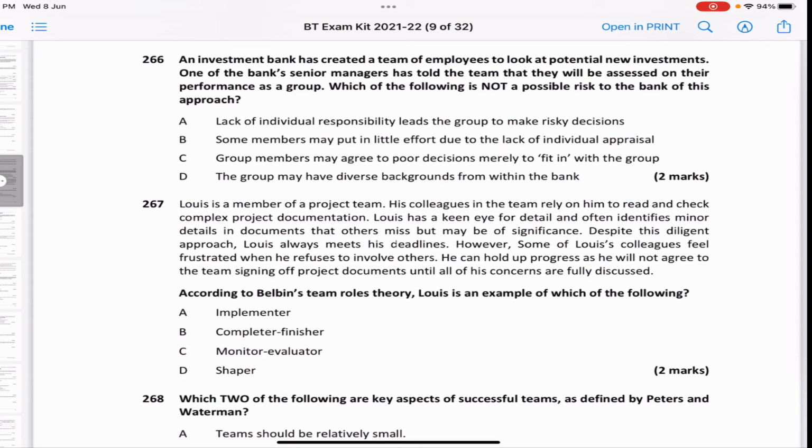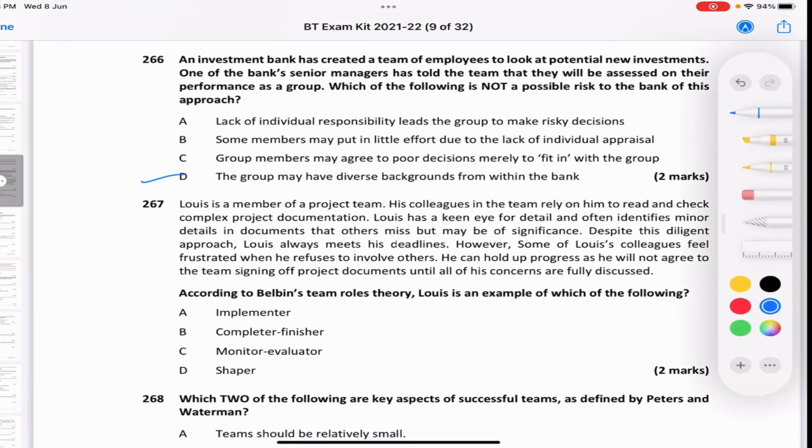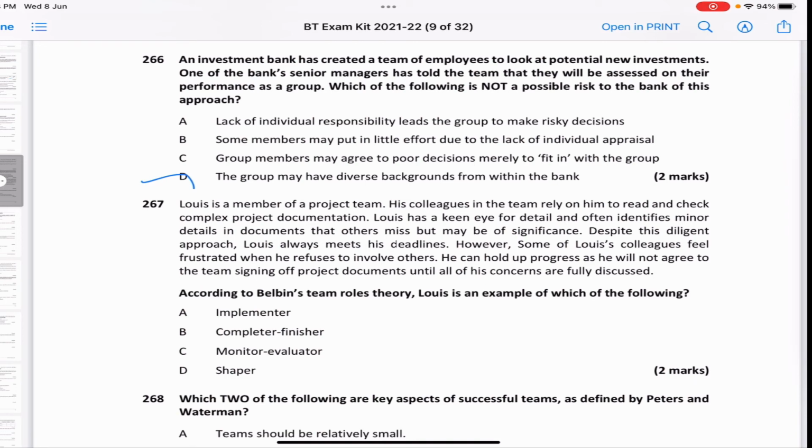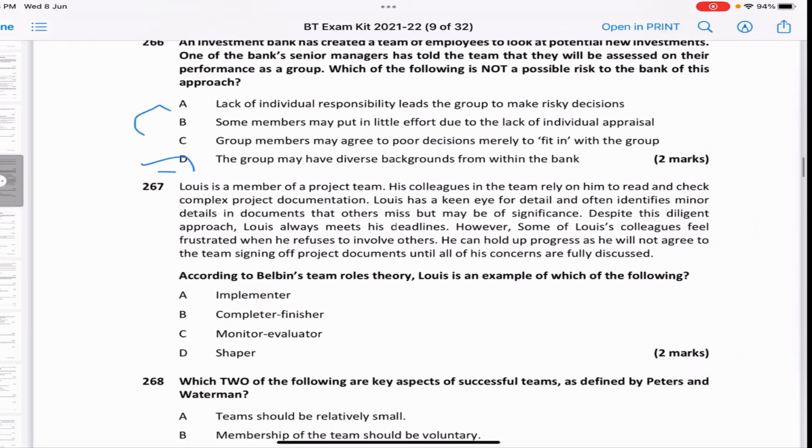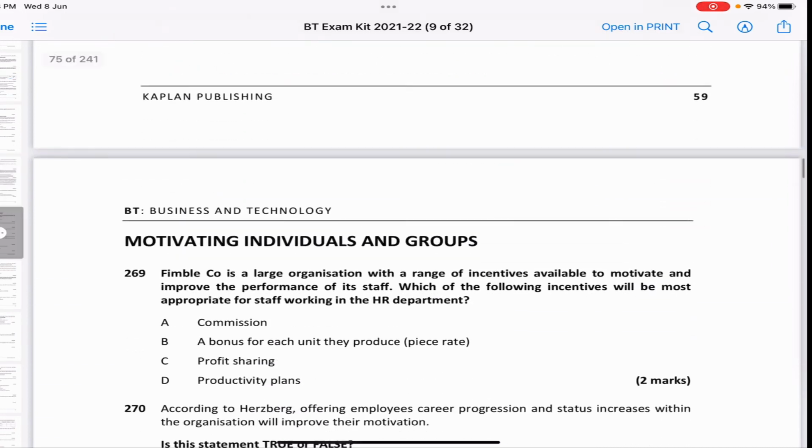So the answer to this question would obviously be that the group may have diverse backgrounds from within the bank. This might be an advantage to them because they will be able to give a wider view of ideas. So all the others are a risk to them, but this is not a risk, this is an advantage to them, right?